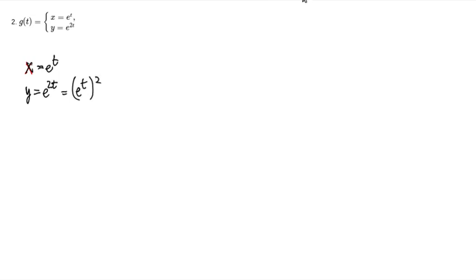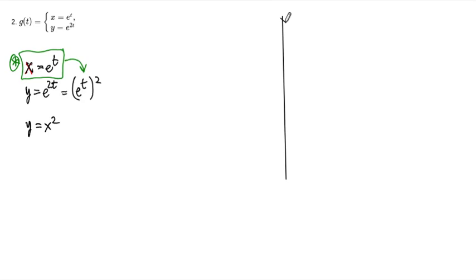And once we see this, based on the last example we just did, we've got a good idea. We're going to plug x in for e to the t, because that's what it equals. When we do that, we end up with the same exact equation, y equals x squared. So this must be a parabola, and we start to get ready to sketch this thing.